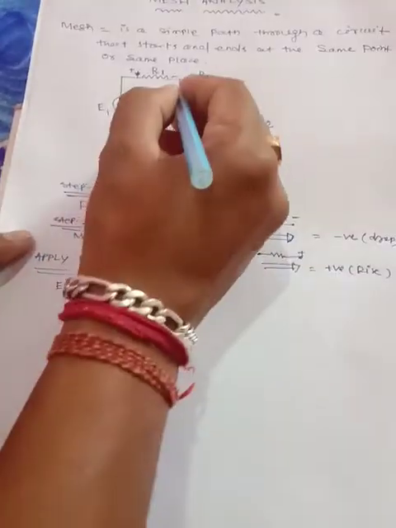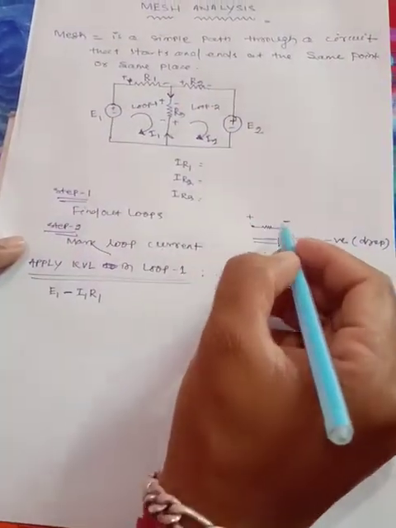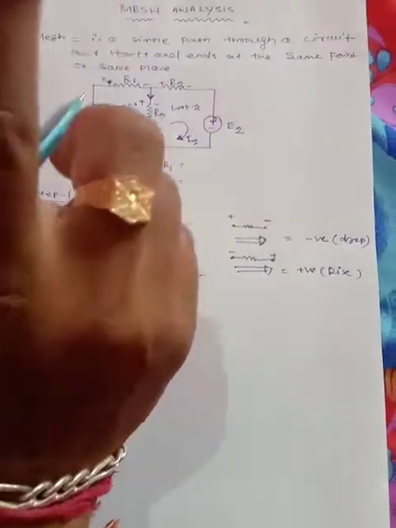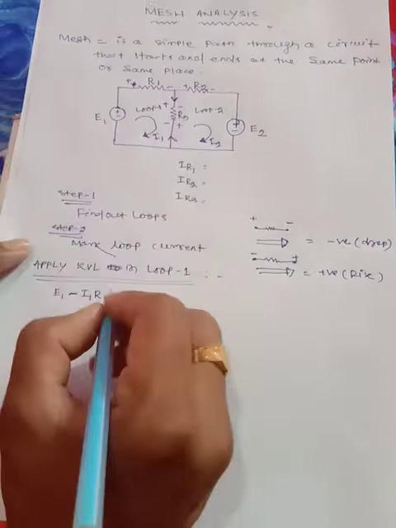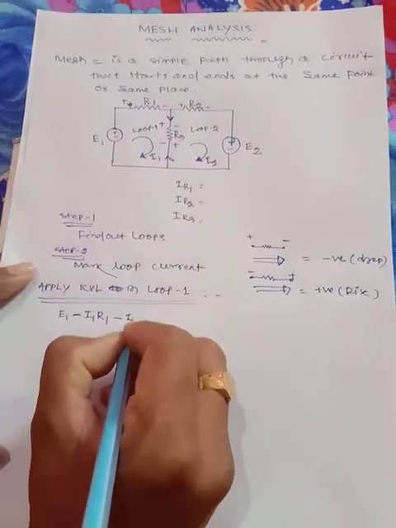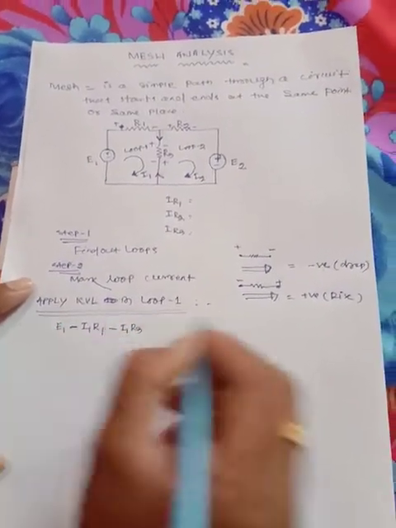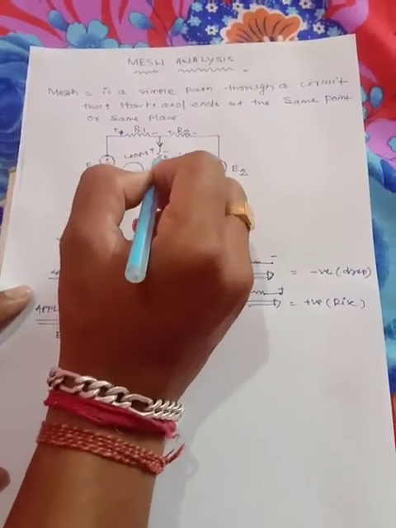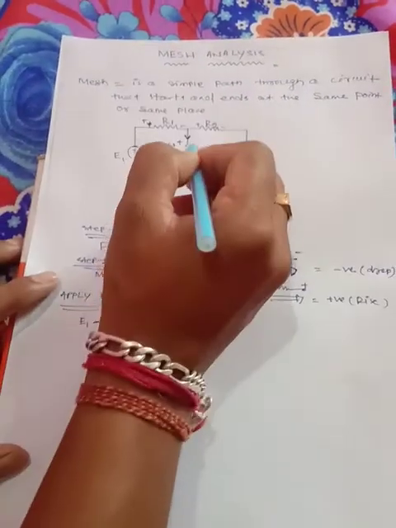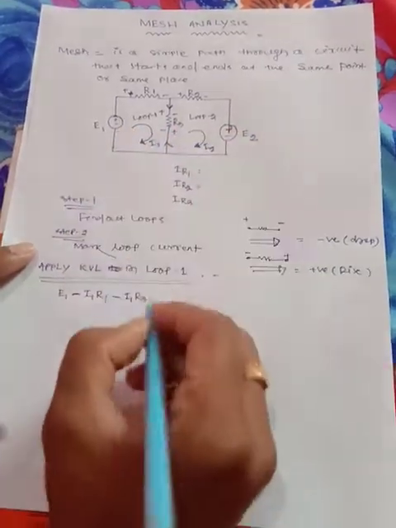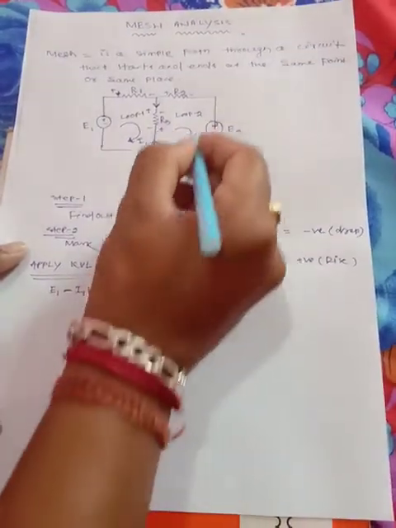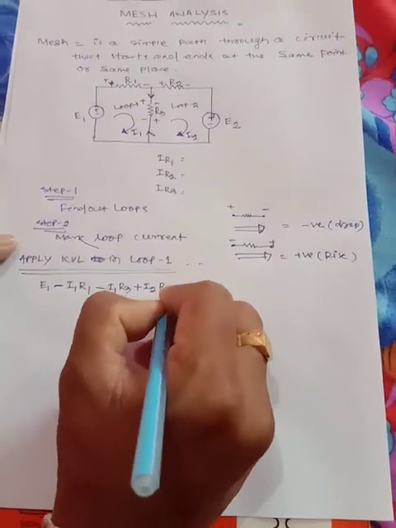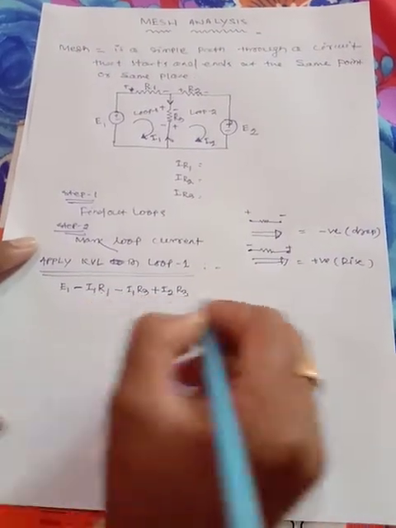Positive to negative, the value is negative, so I consider first the I1 current: I1 R3. The I2 current is also flowing, negative to positive, so it is positive: I2 R3.